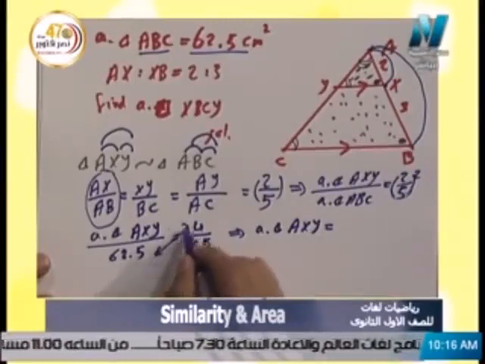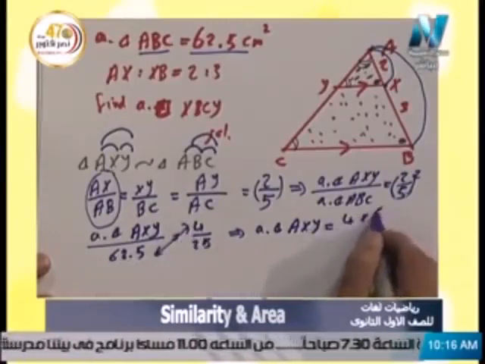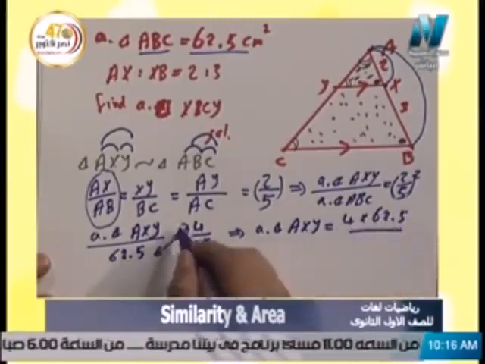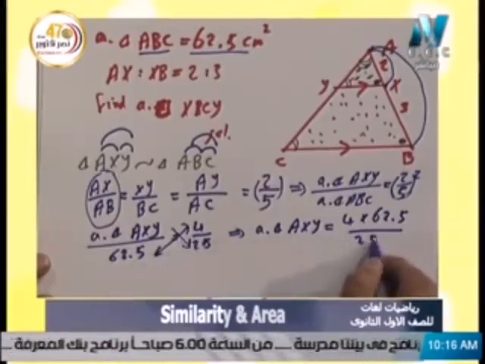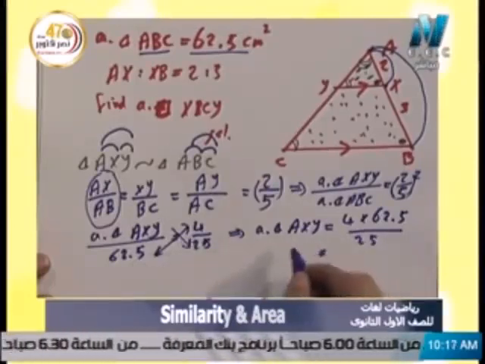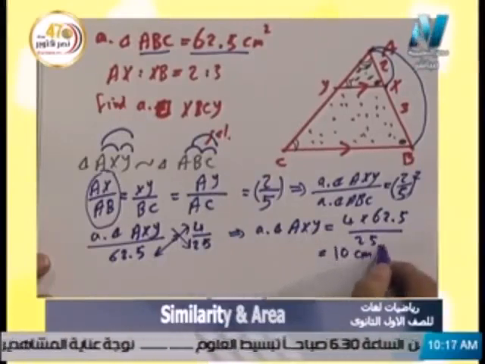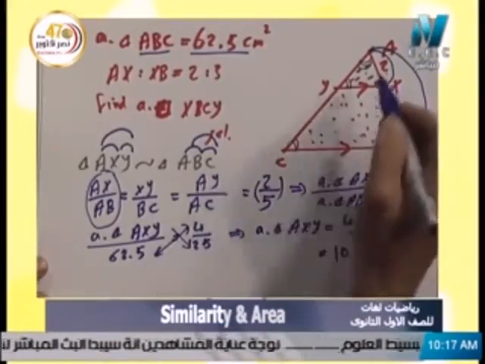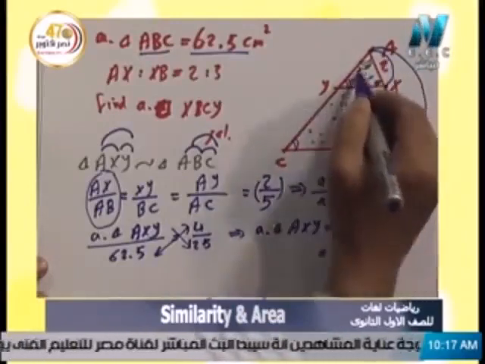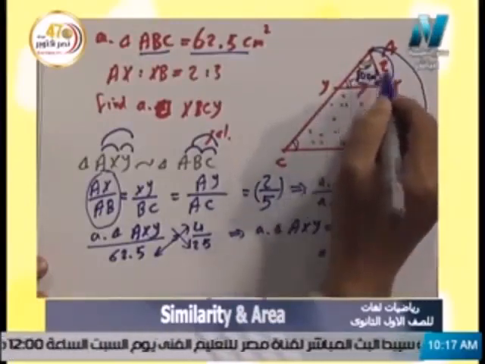We multiply 4 by 62.5 over 25 here, and we will get that the area of triangle AXY equals 10 square centimeter.